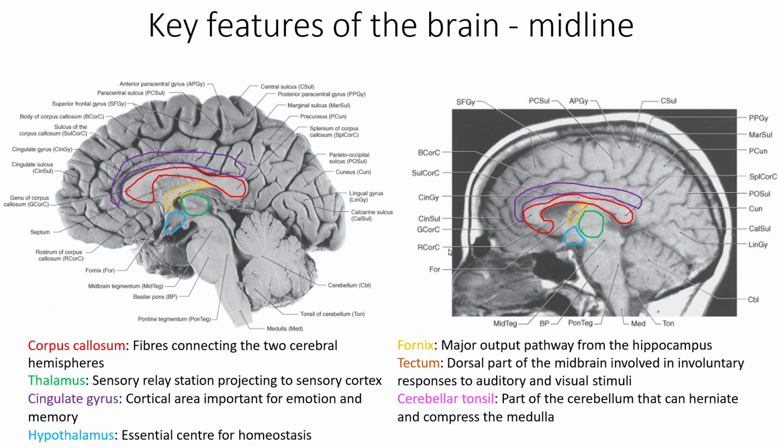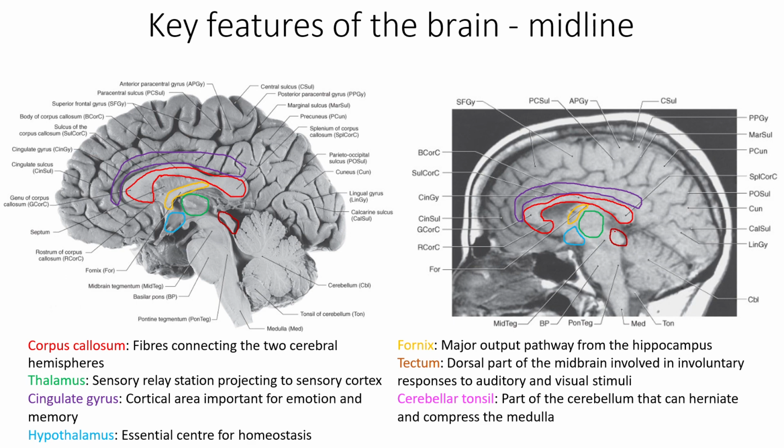Next, in brown, although I'm not sure I've got a brown in my palette of colours, so I'll use the closest thing I have, we need to identify the tectum, which is the dorsalmost portion of the midbrain. So here is the tectum there. It's not brown I've used, it's kind of a dark red. And here's the tectum on the MRI scan there.